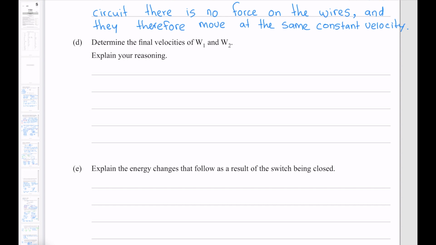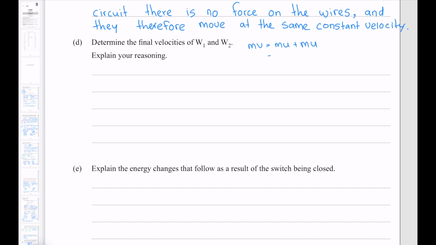Determine the final velocities of W1 and W2. Explain your reasoning. So the best way to approach this situation is with conservation of momentum. Initially, we have the mass of wire 1 times its velocity, and then afterwards we have both wires moving with the same mass, and we'll say moving with the velocity u, which they both share. The same masses and the same velocities.